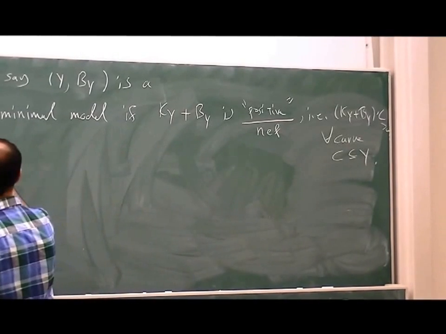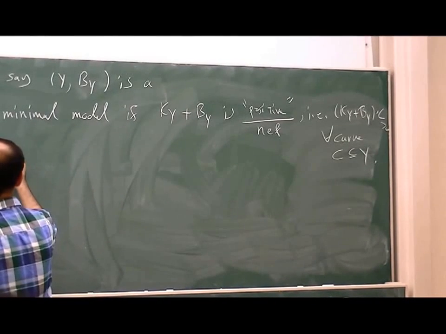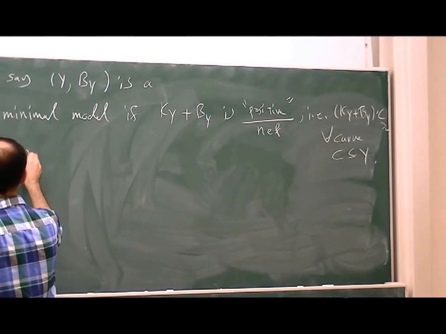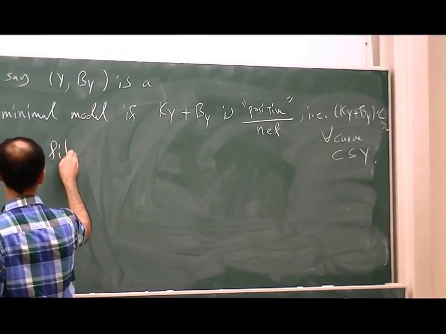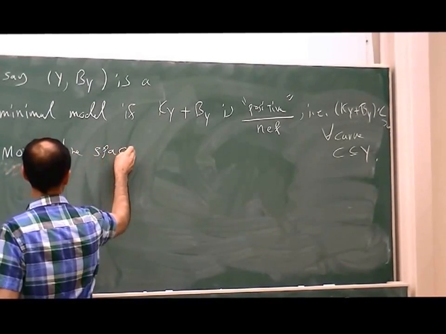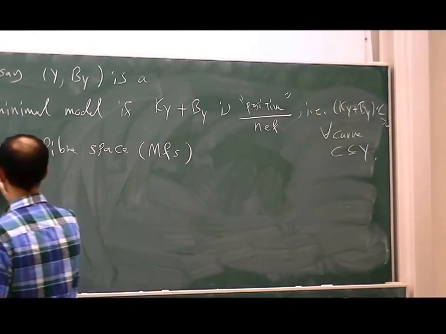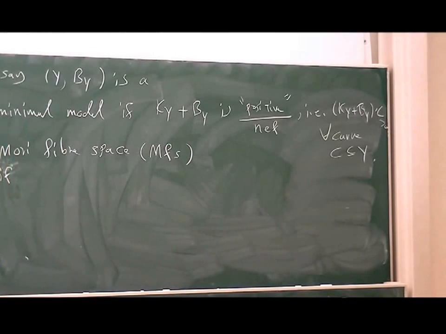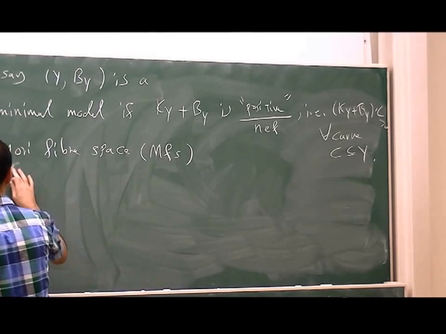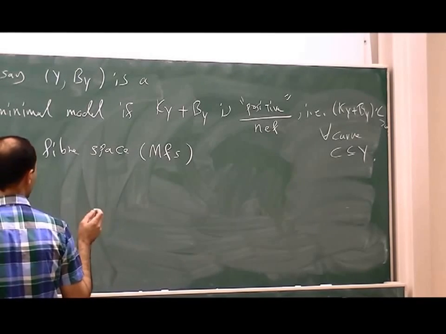And on the opposite side, we have a more refined space, usually denoted by M and S, if instead of positivity, you have some kind of negativity. So this is slightly different.